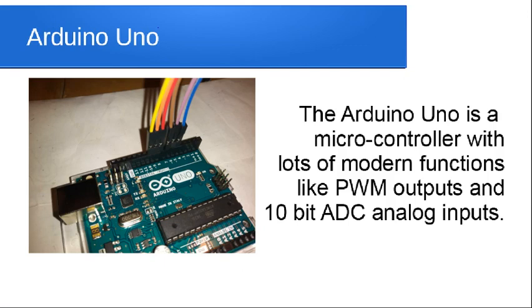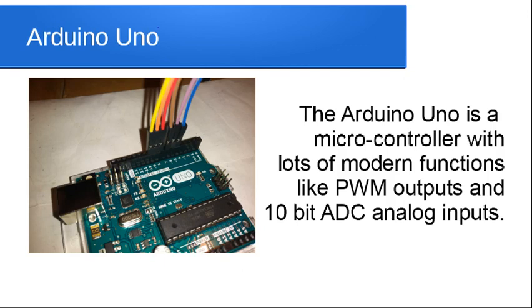Now, in addition to PLCs, there's also the Arduino Uno, which is a microcontroller. There's lots of microcontrollers out on the market, but the Arduino Uno really has taken to a nice, cheap, inexpensive, simple, beautiful package. They've got lots of interesting modern functions like pulse width modulation, so you can control the speeds on things like DC motors.